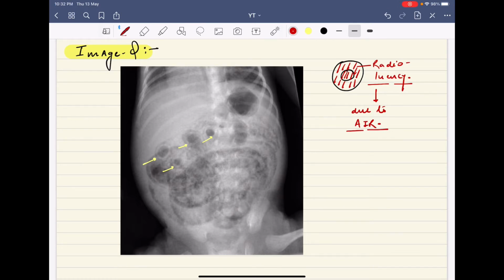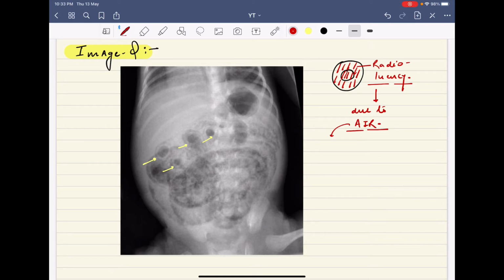Now why is this ring type of thing seen? Because this air is actually present in the wall of the bowel. So you have to understand that this image shows that there is air, or you can say gas, which is present in the wall of the bowel.